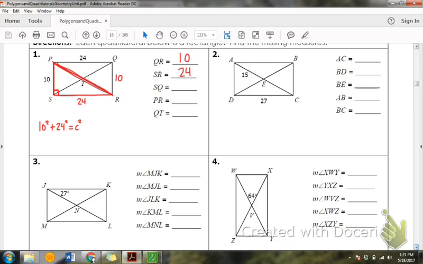Alright, so they're all the right angles. How do we know inside? So the hypotenuse? Yes. Okay. So if I did it this way, what if I did this one up here? This is a right angle, right?